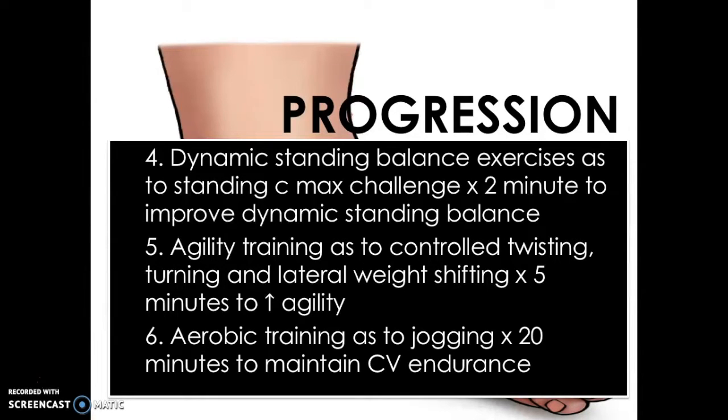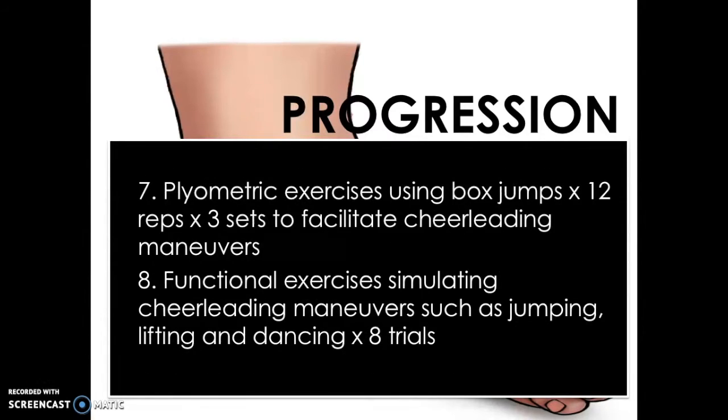Aerobic training will be progressed from bicycle ergometer to jogging for 20 minutes to increase cardiovascular endurance. Plyometric exercises will also be introduced using box jumps, especially to facilitate cheerleading maneuvers. And finally, functional exercises will be done simulating cheerleading maneuvers such as jumping, lifting, and dancing for 8 trials.